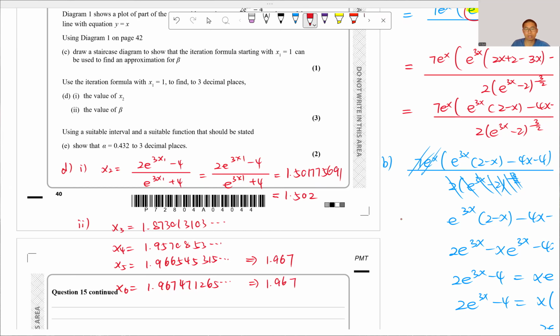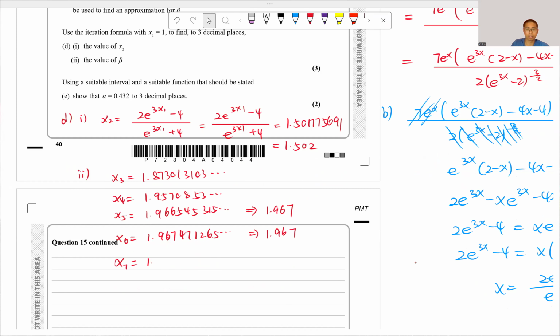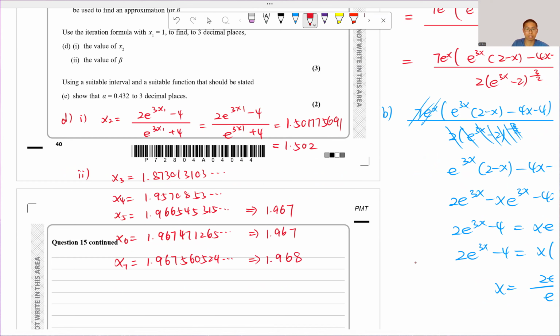So you just have to keep pressing on the calculator until it stops moving. And then for x7, it'll be 1.967560524, and this is rounded to 1.968, and then x8 is 1.967569115, then it's 1.968 as well.